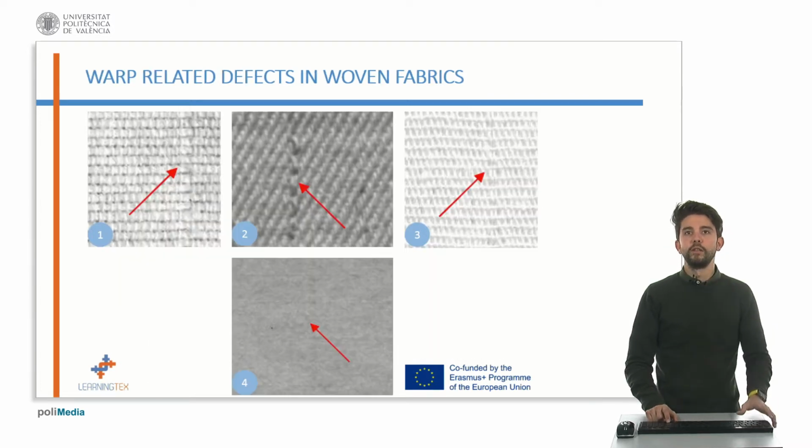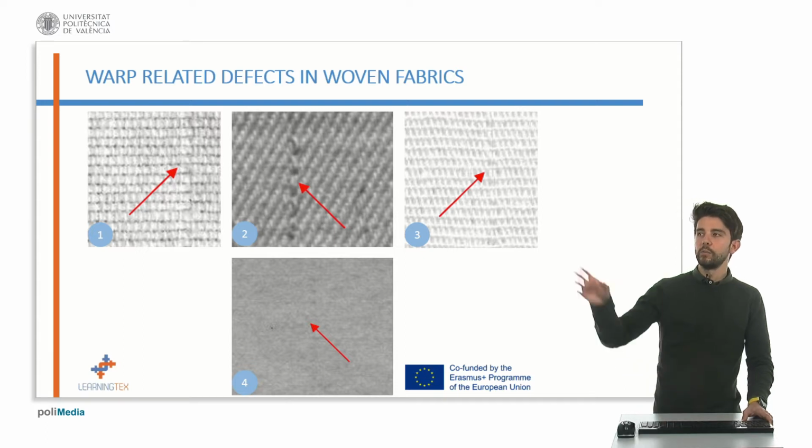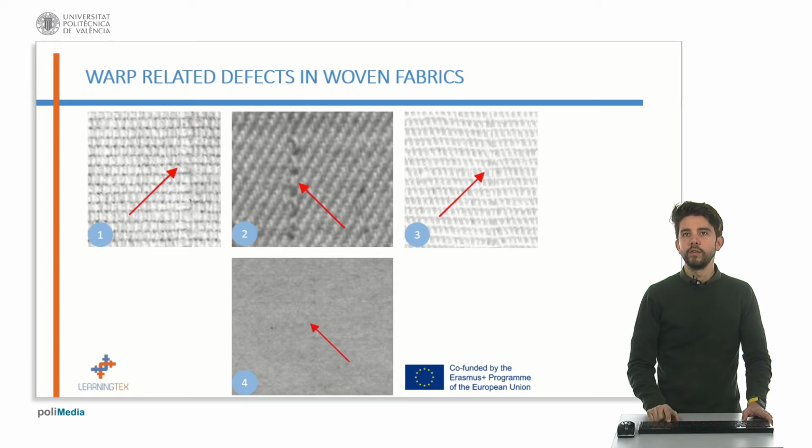Focusing on the defects related with the warp yarns, the most common are warp thread loose, warp stripes, double end, and loose or tight warp end yarns, numbered respectively from 1 to 4 on the slide. As can be seen, warp-related defects are shown on the fabric surface as a straight exceptional line.